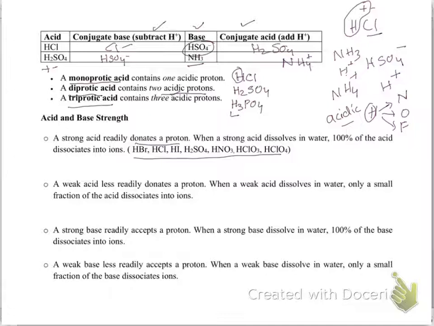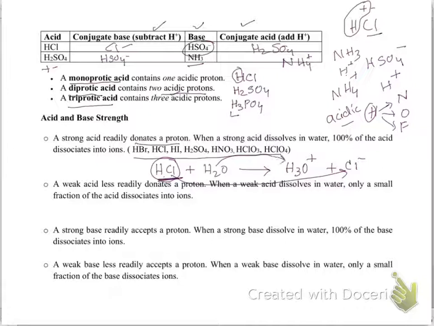So let's say HCl is a strong acid. What does that mean? That means when you put that into the water, we just put a single arrow and it breaks down 100% to form the H3O plus and Cl negative ion, and there is no intact HCl left. It's an acid. Acid donates proton. So this is the conjugate base.